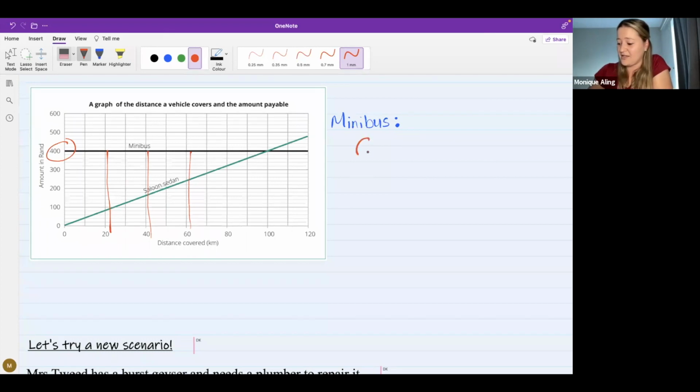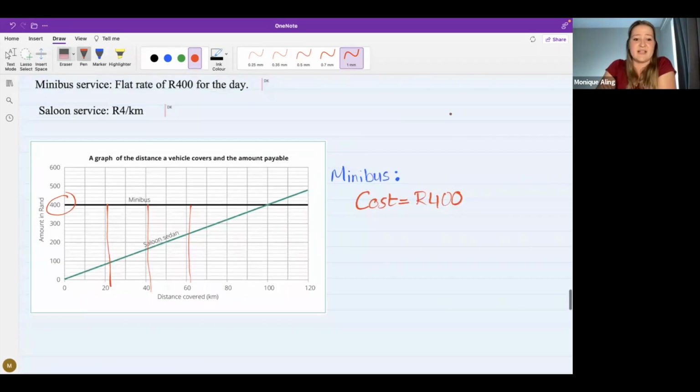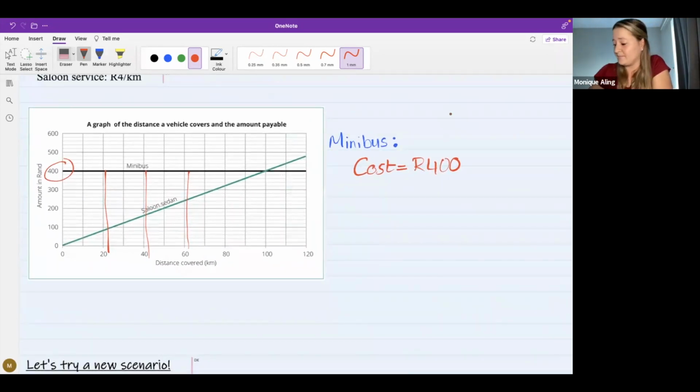The minibus cost is just going to be 400 Rand. They say 400 Rand per day. We don't have to divide by hours because it doesn't matter how many hours you use the bus for, you pay 400 Rand. Yes, well done. Okay, so you can say y is equal to 400. Thank you so much for attempting that and then getting the right answer.